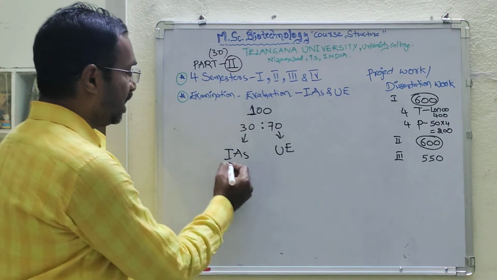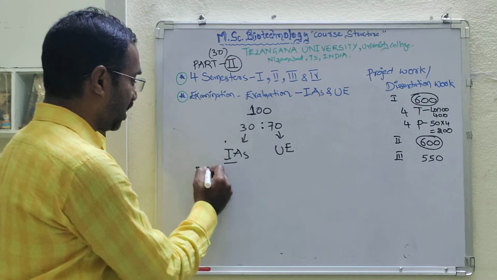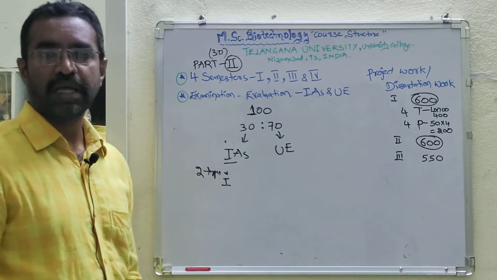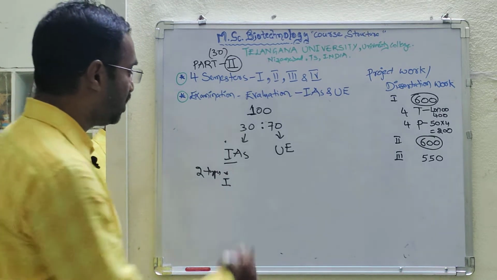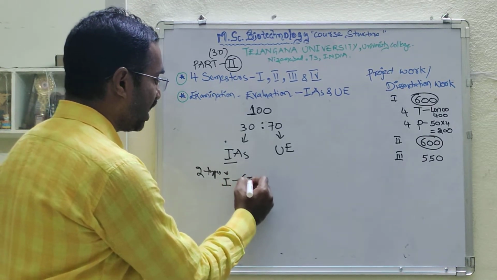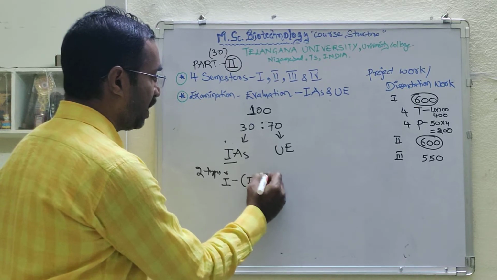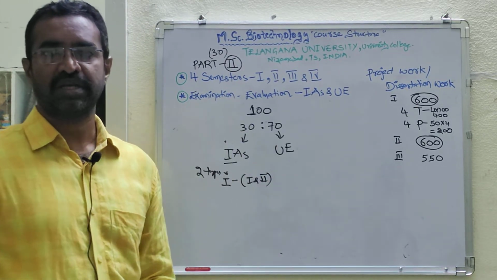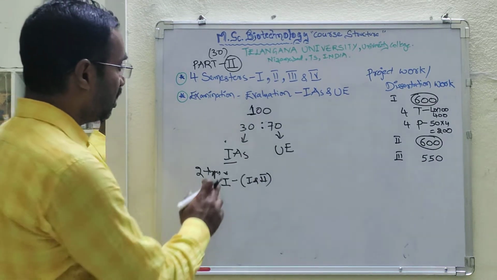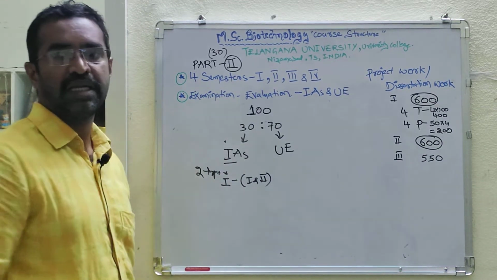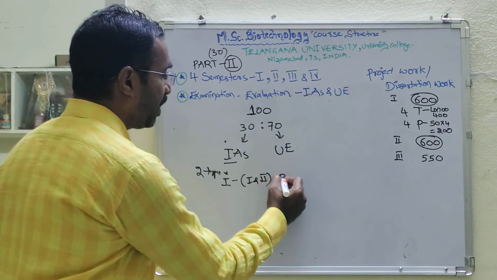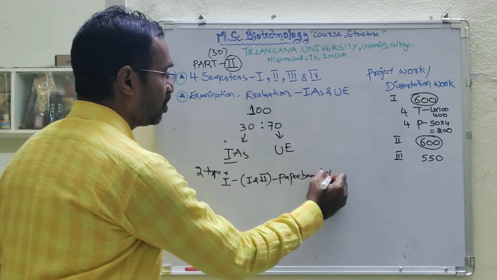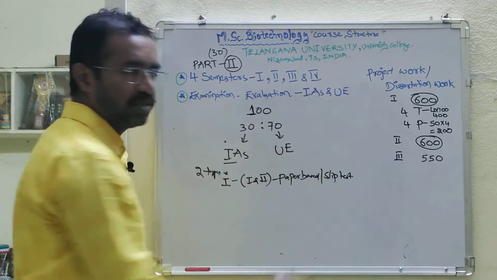Again, this internal assessment is of two types. Type 1: the first type of internal assessment is done on the first and second units of each and every paper. The topics or syllabus of the first and second units are considered under the first type, which is a paper based exam, also called a slip test.